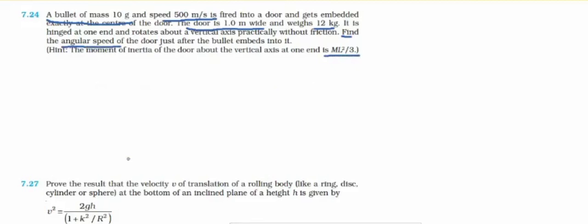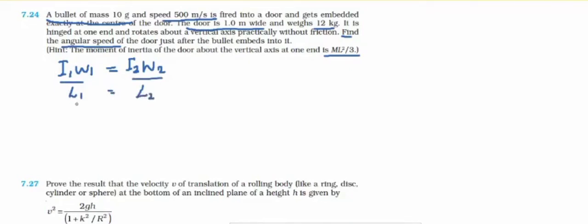Here also this is a collision between door and bullet, so we can apply conservation of momentum. Again, I1 omega 1 is equal to I2 omega 2. Actually this is L1 is equal to L2.